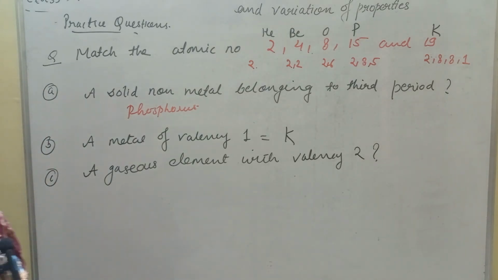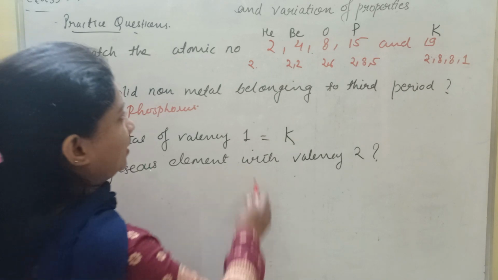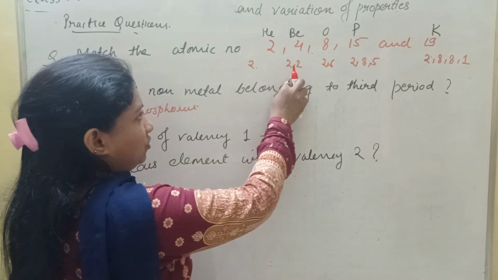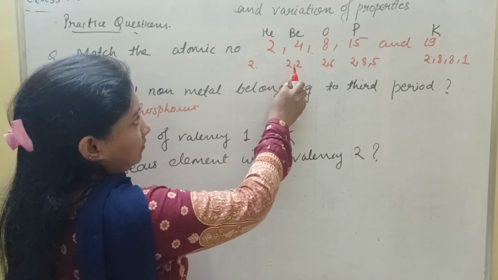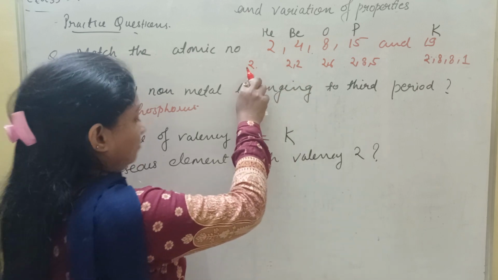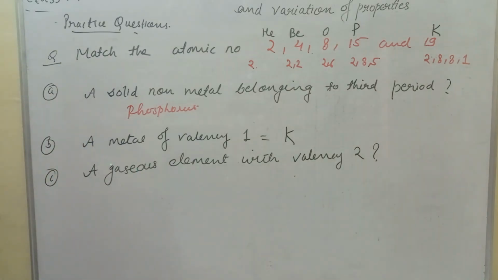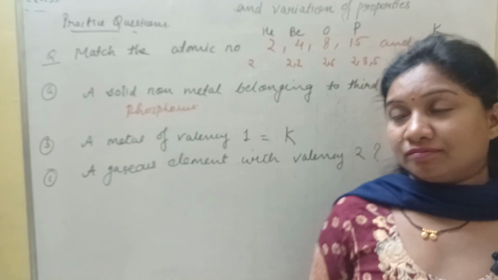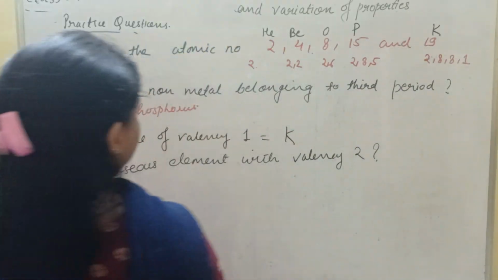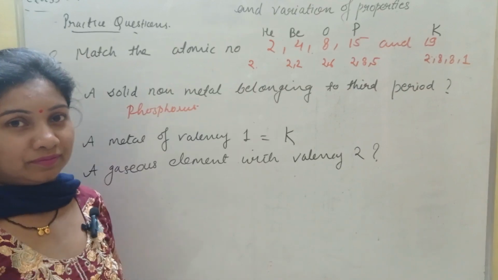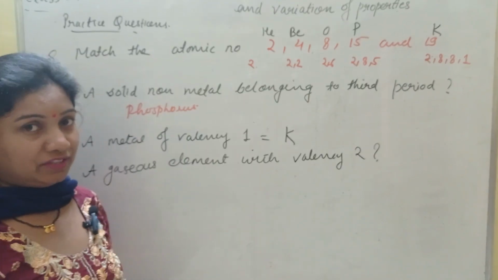Now this is a bit tricky. Here you can see 2, here you can see 2. Most of the children must be thinking that the answer will be beryllium or helium. Some people are thinking that the answer will be helium. Why or why not?